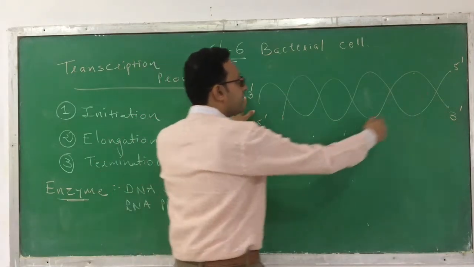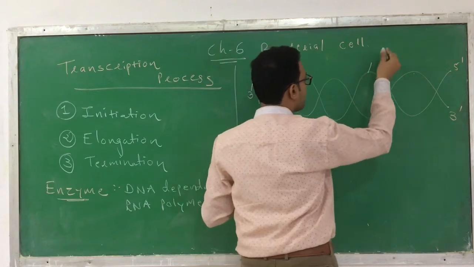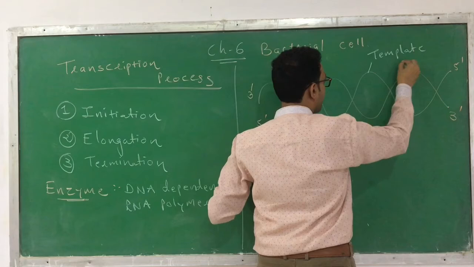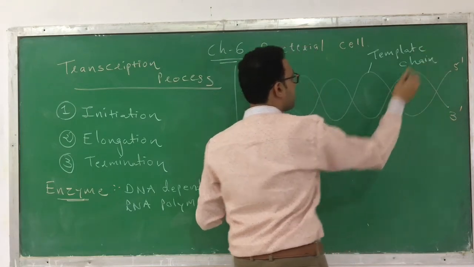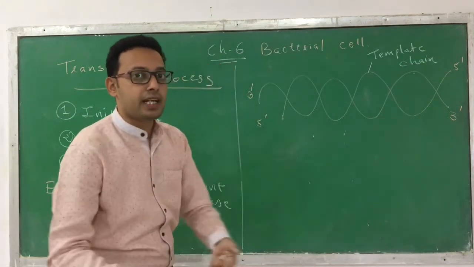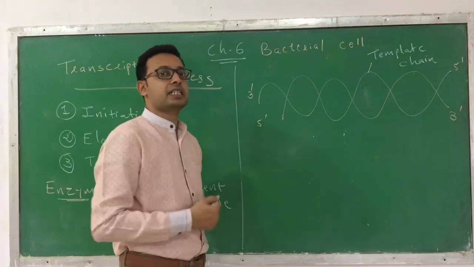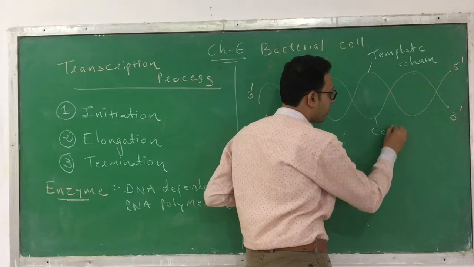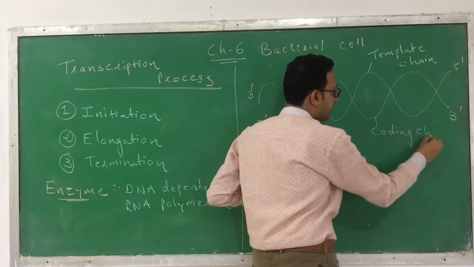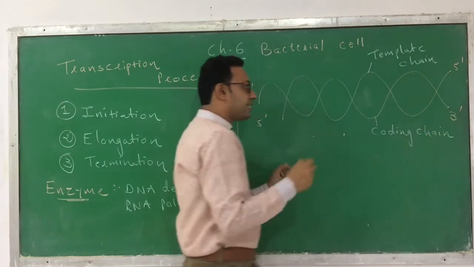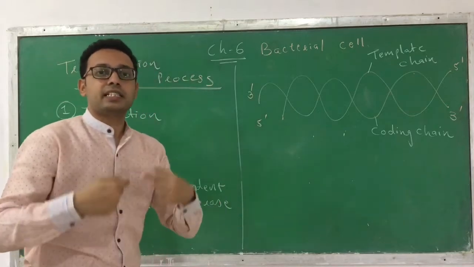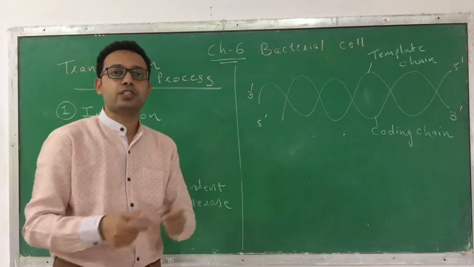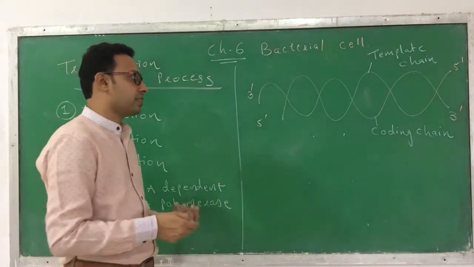The chain with 3' to 5' polarity is the template chain. As I have already told you, the template chain will be transcribed or copied in the transcription process. Whereas this chain, which we call the coding chain, gives the direction in which the transcription process occurs, that is, from 5' to 3' polarity.